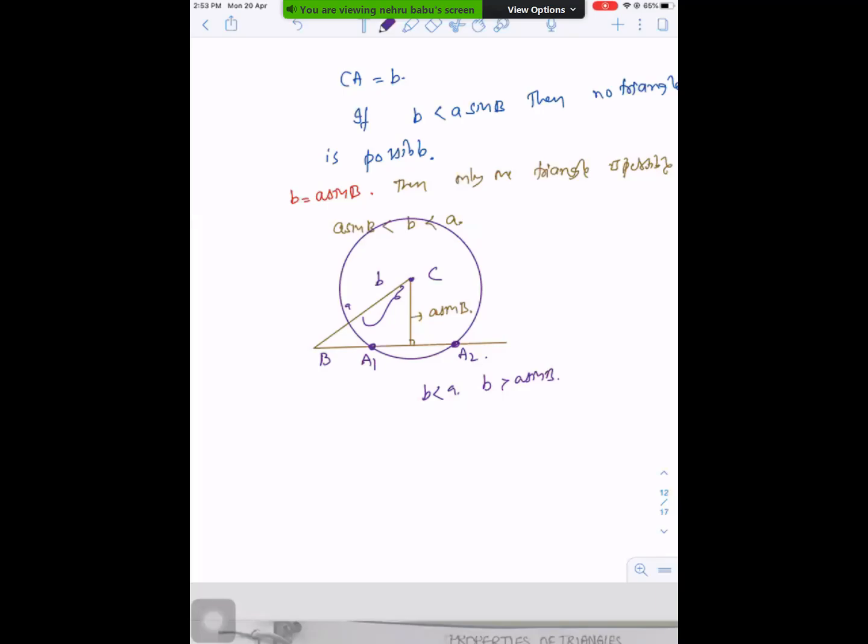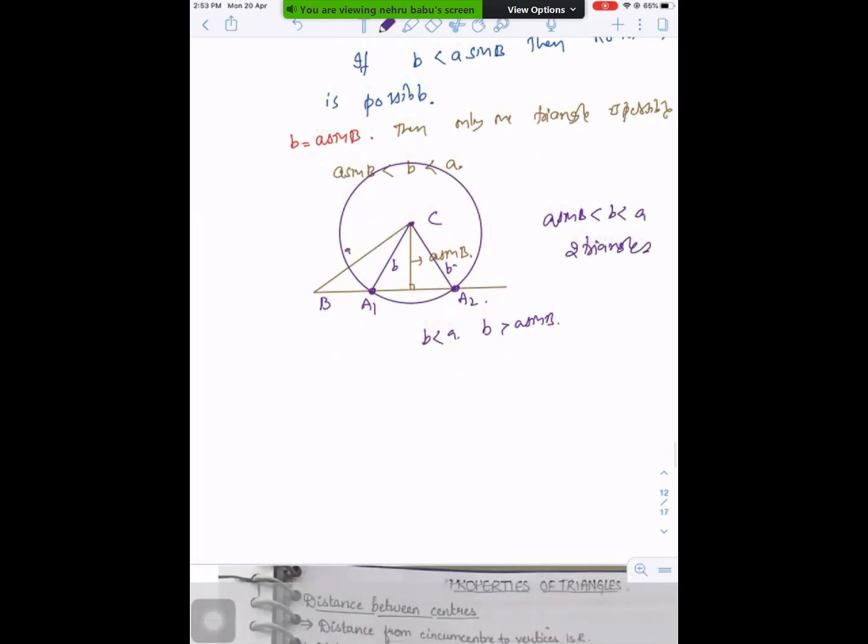If you observe here, this radius is b, and even this one is also radius b. That's why in the case a sin B less than b less than a, we will get two triangles. This case only we call the ambiguous case.